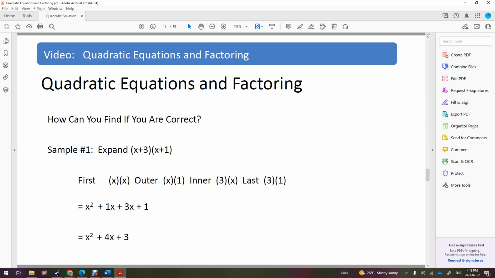So x times x is x squared, the first. The outer is x times 1, which is 1x. The inner is 3 times x, which is plus 3x. And the last is 3 times 1. Then we collect like terms, and we get x squared plus 4x plus 3.